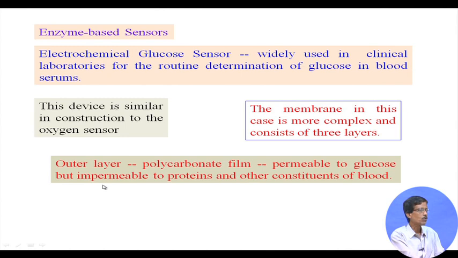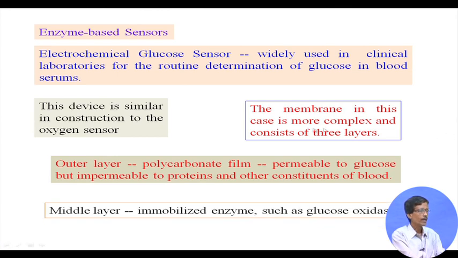It allows the glucose to pass, but the selectivity comes into play through the pore size, so it is a semi-permeable membrane in terms of allowing glucose to pass through, but it retains protein and other constituents of the blood. So, it is a typical filtration process which allows glucose to pass through that membrane.